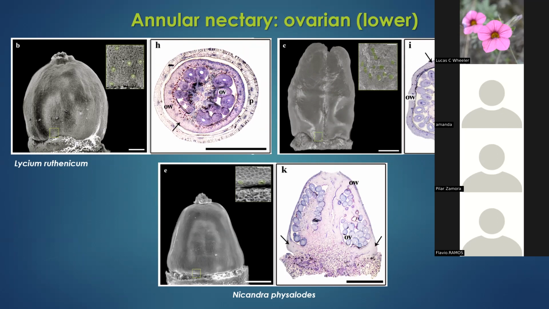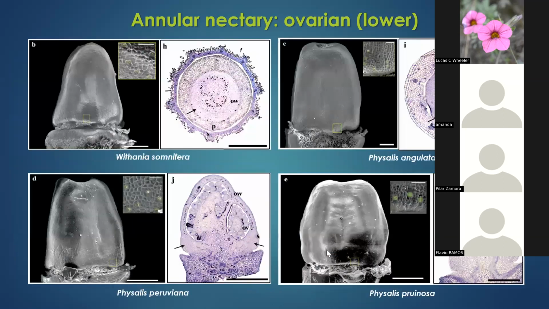And it has been seen in many species like Lycium, Hyoscyamus, Nicandra. The base of this gynoecium is full of nectarostomata. So that's why we call it an ovarian lower type of nectary. The other species that shared the same ovarian lower type of annular nectary is the Withania and Physalis species.